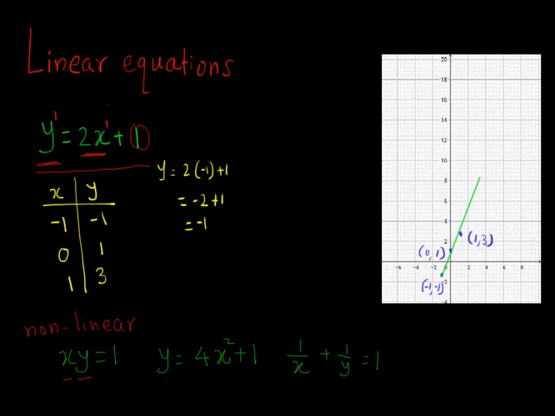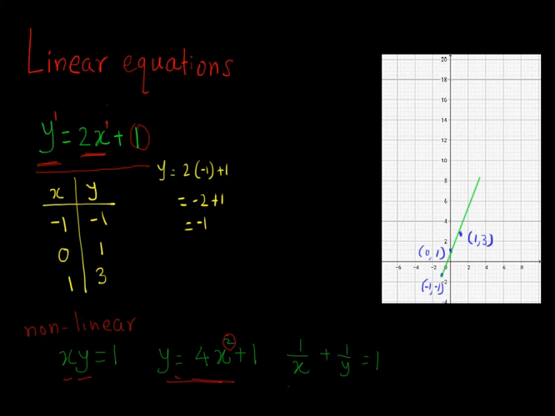Or if you see in this equation, here the power of x is 2. So it is a non-linear equation because power of the variable has to be 1 only, and all the variables, power of the variable has to be 1.